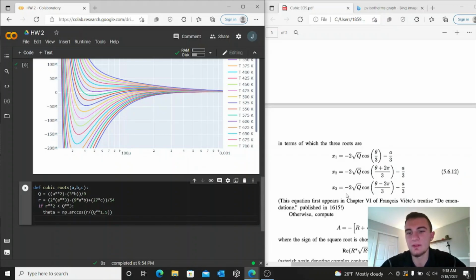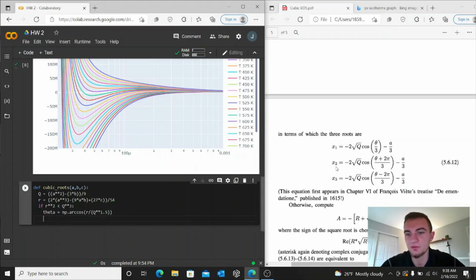So we'll notice here that in order to calculate our three roots, x1, x2, x3, we have this -2 square root of q cosine, and they are all subtracted by a/3. So what we can do here is we can actually enter in our roots, keeping all of the values that they have similar, and then make an array of what's in the parentheses here, so that it will just compute the three different roots all the same, and the only thing that's different is what's in the cosine parentheses.